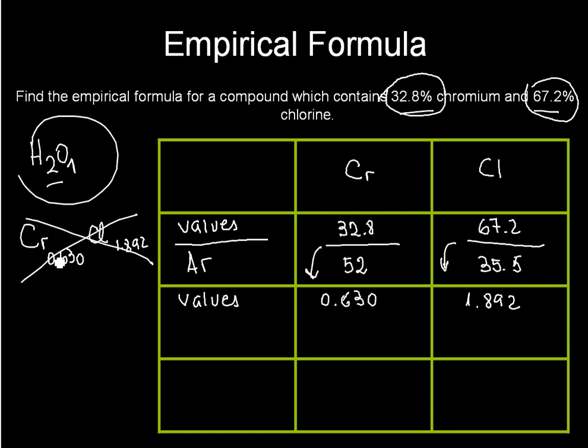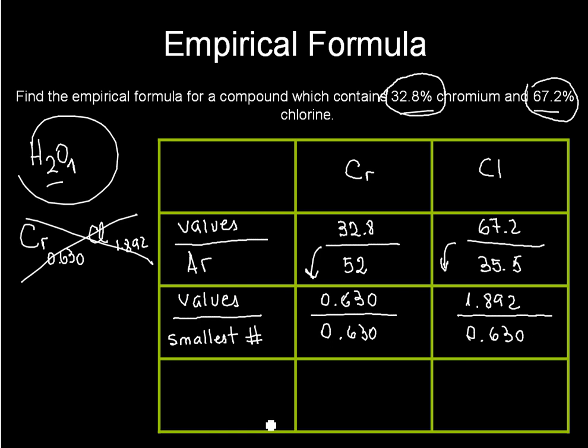Instead of that, we're going to transform that ratio between the moles into whole numbers. And a good thing to do is to divide by the smallest number that we have. So in this case, it's going to be 0.630 and 0.630. So I divide both numbers by the same number, the smallest one.